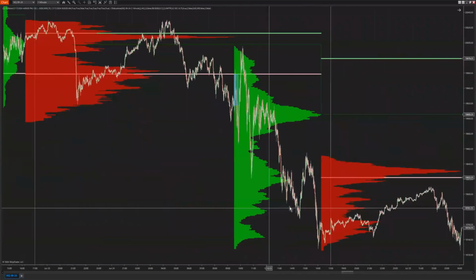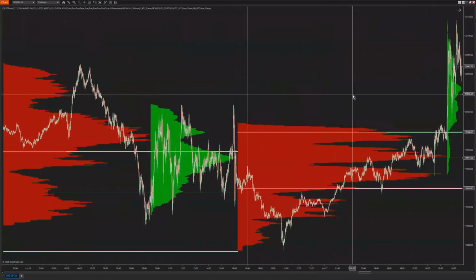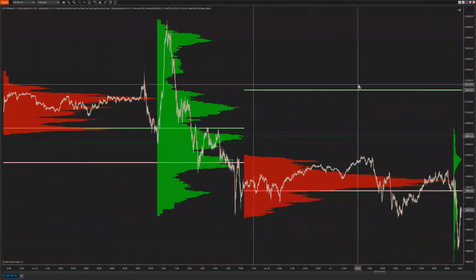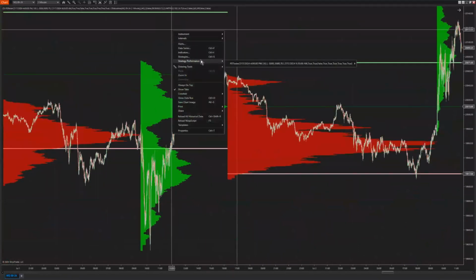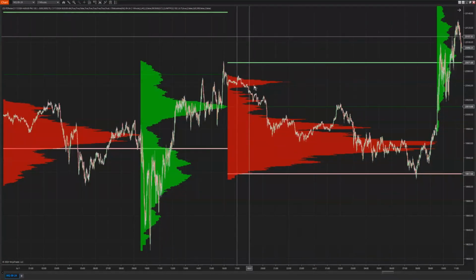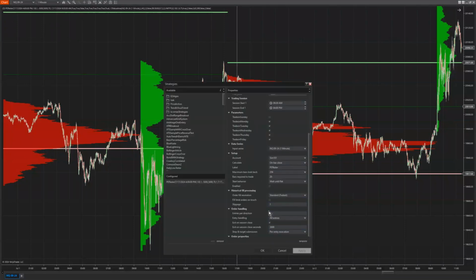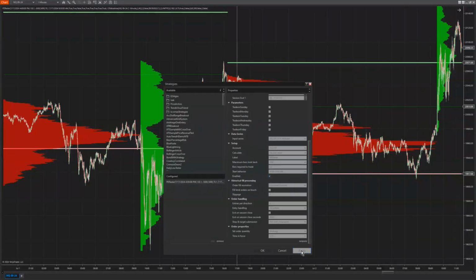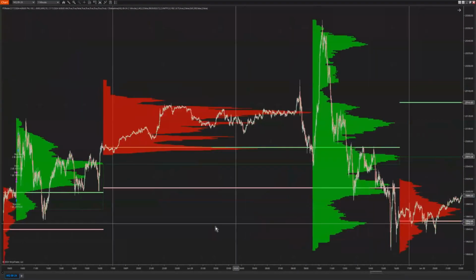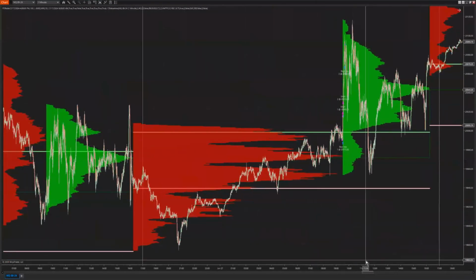See if we can find some trades. Did I enable it? I was playing around with it. I don't know if I enabled it. Okay. Yeah, here we go.